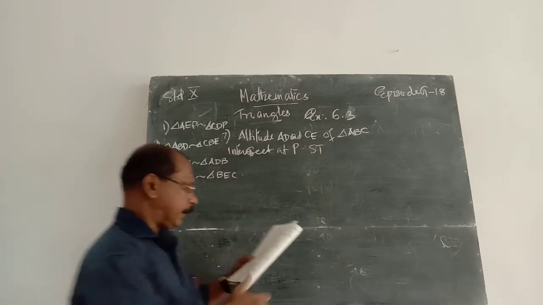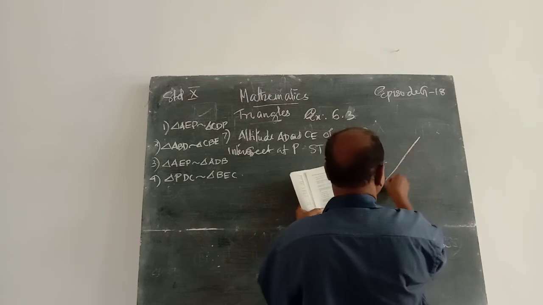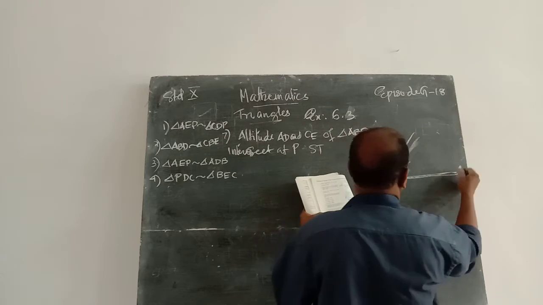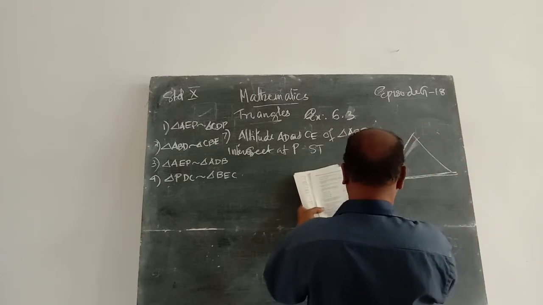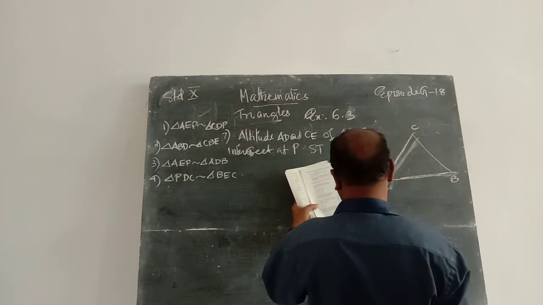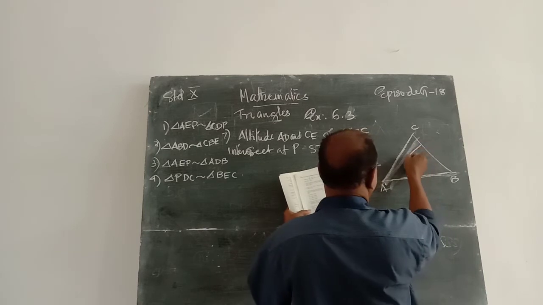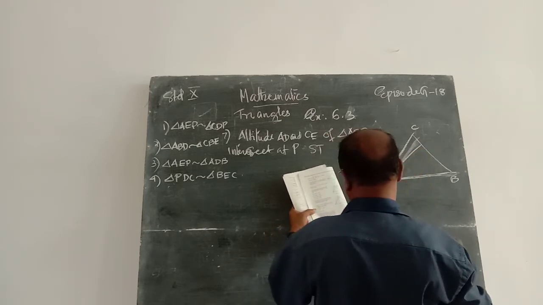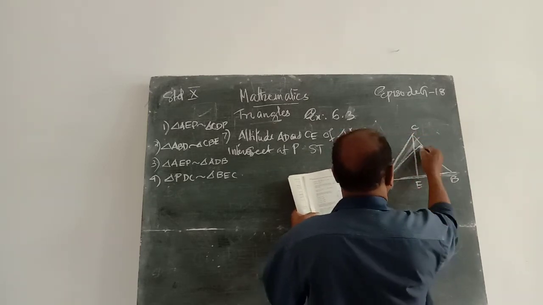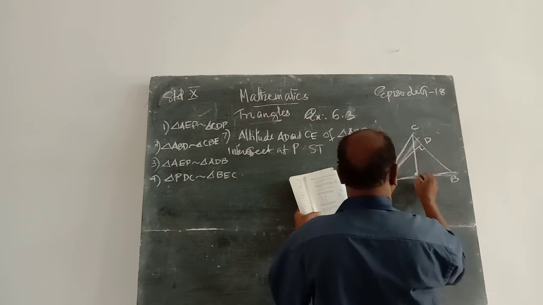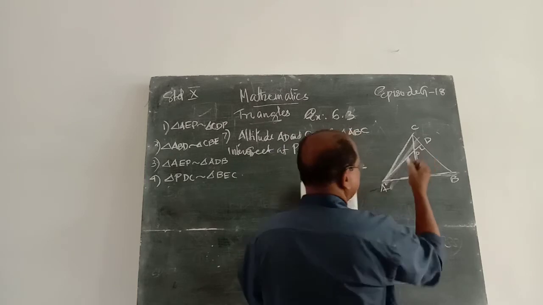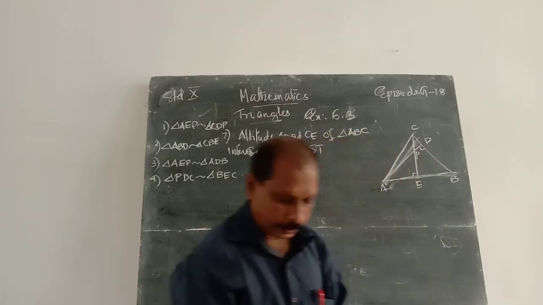Then let us draw the figure. It is the figure of triangle ABC. The altitudes AD and CE. This angle is 90 degrees. This angle is also 90 degrees. The point of intersection is P. This is the figure.